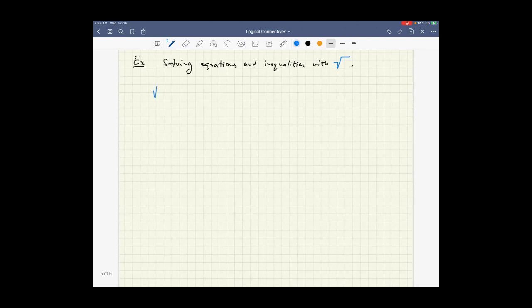Say you have an equation like this: square root of some expression containing x equals some other expression containing x. Right? This is an equation in x. A very common mistake that many students make is just to take and square up both sides and then say that f equals g squared of x.